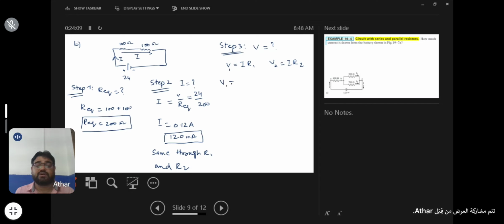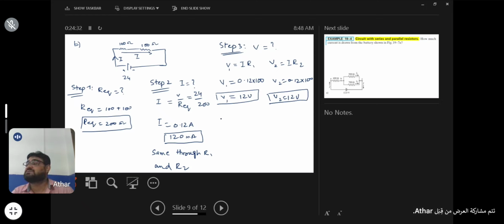V1 is equal to I, which is 0.12, times 100. So it is 12 volt for V1 and the same amount for V2. 0.12 times 100, so V2 is 12. We are done with everything in the circuit if the circuit is simple.